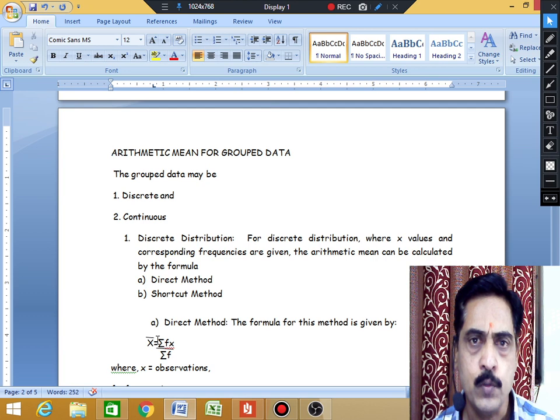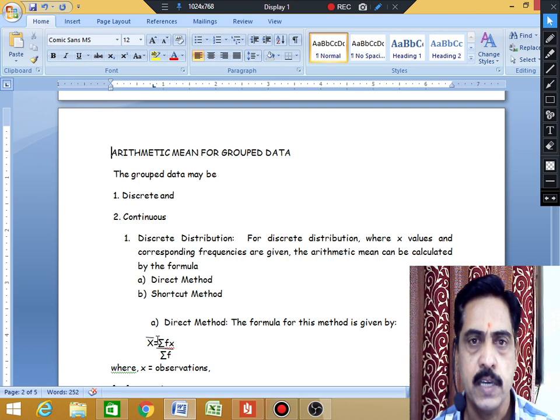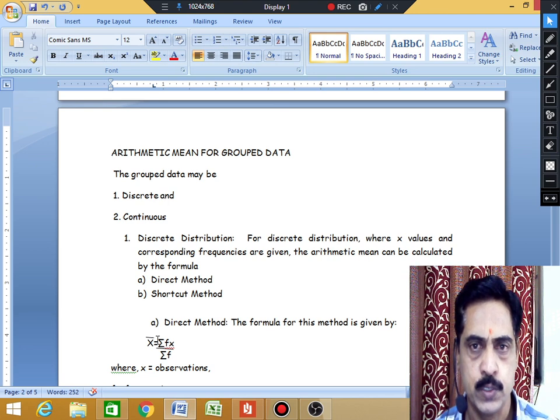So grouped data can be classified into two categories. One is discrete, another one is continuous. Discrete distribution and continuous distributions. Let us start with discrete distribution.